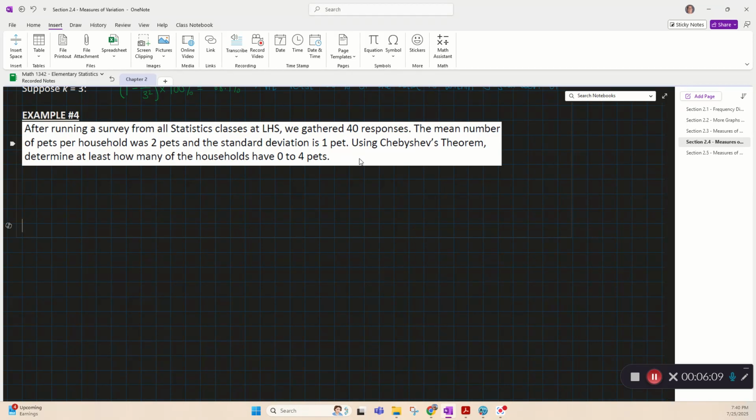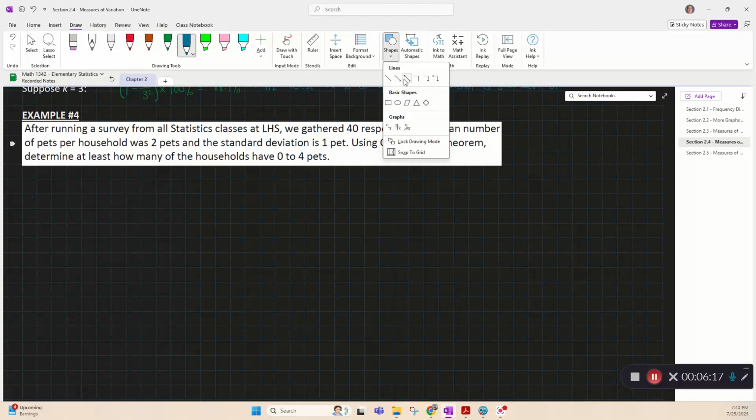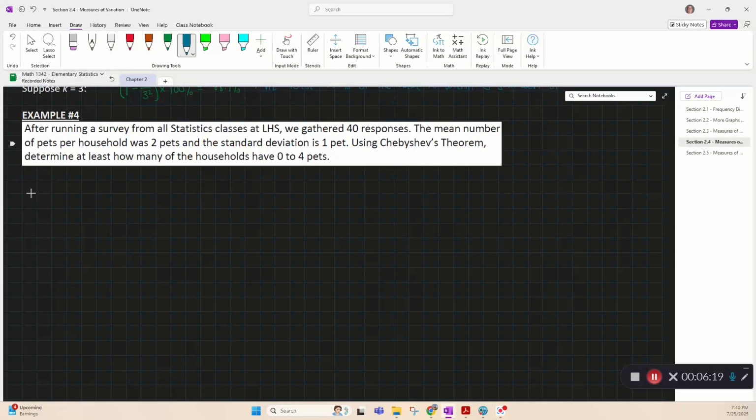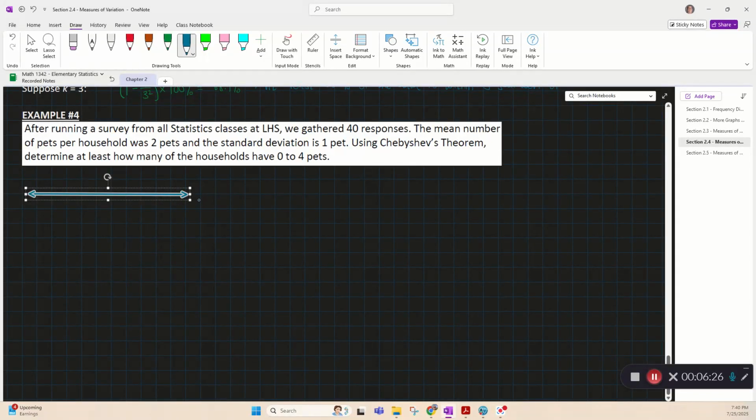Now, if I think of a number line here, so if I draw me a number line, and I don't know what this shape looks like. So I'm just drawing a number line.